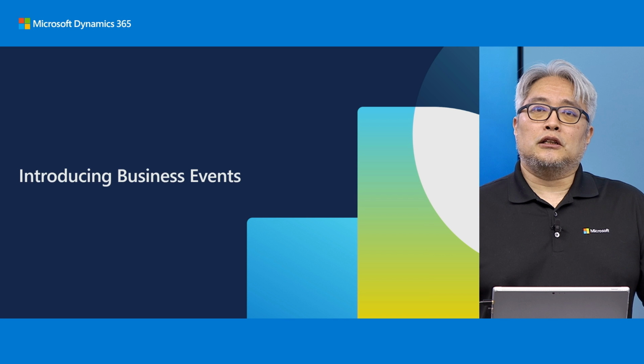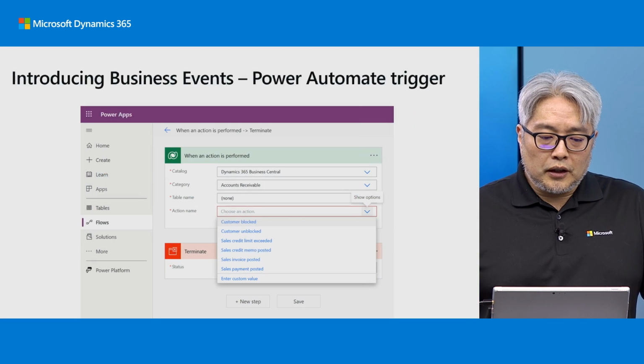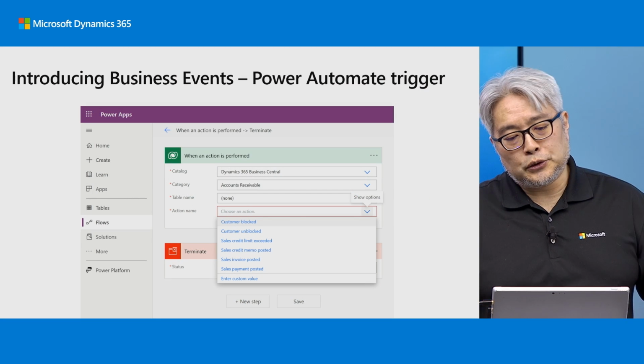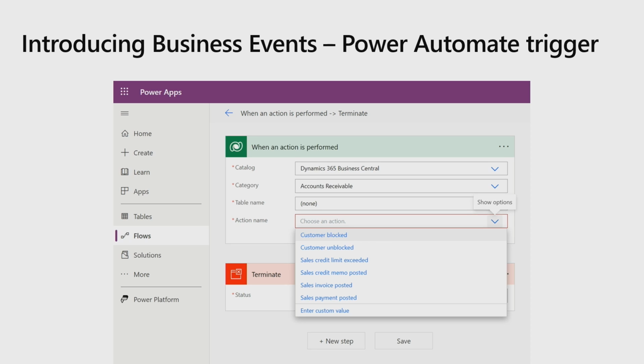And finally, introducing business event. Later I'll show that in the demo, you can use Power Automate flows where you can pick a catalog of business events, which is called Dynamics 365 Business Central Catalog, and then you can pick many categories.